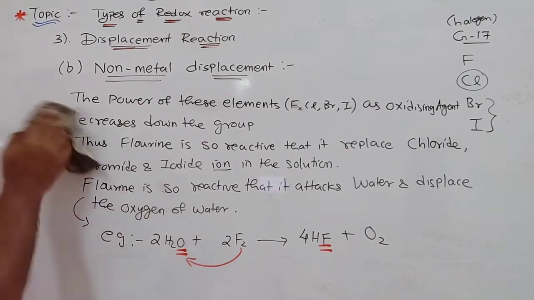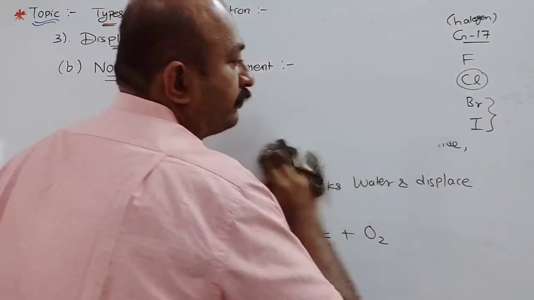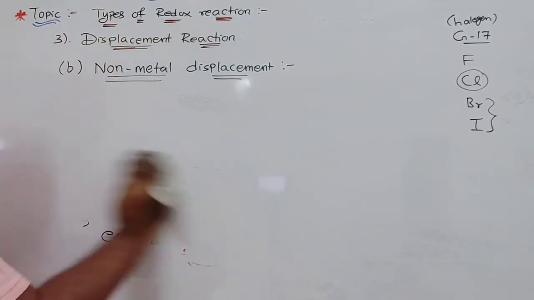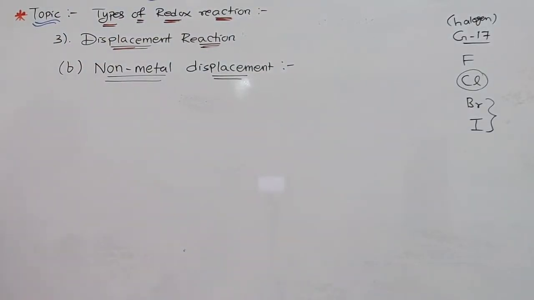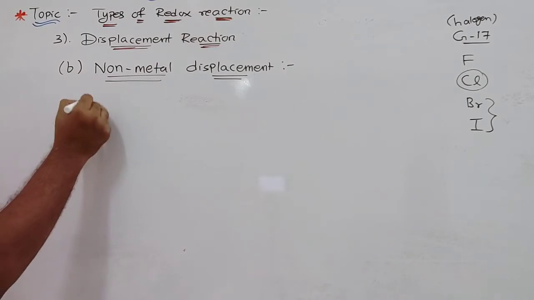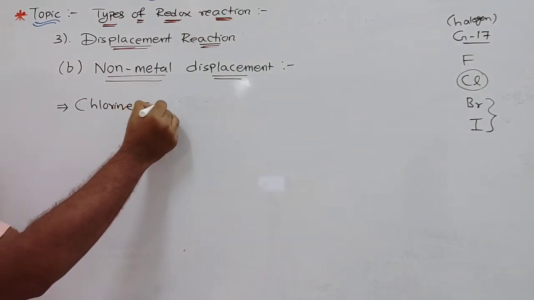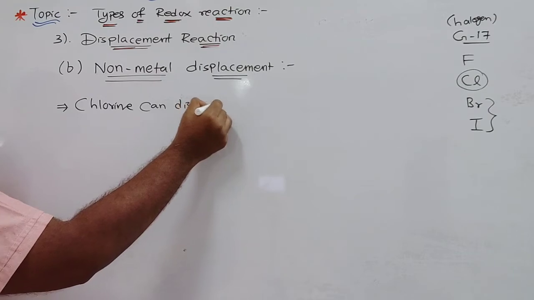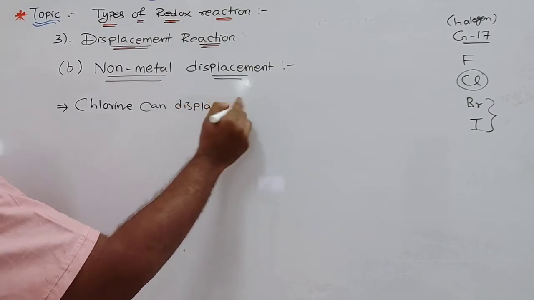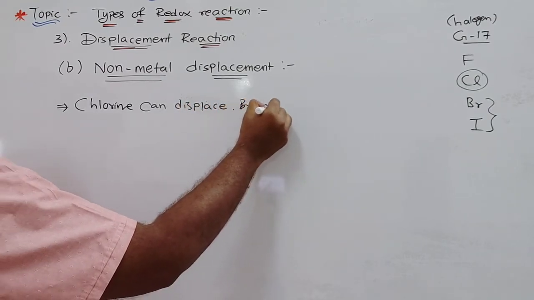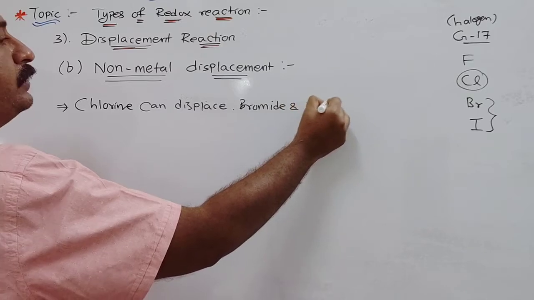Now I will just rub this part. Okay, now what is the next part given there? Chlorine can displace bromide and iodide. You can write it down in points.